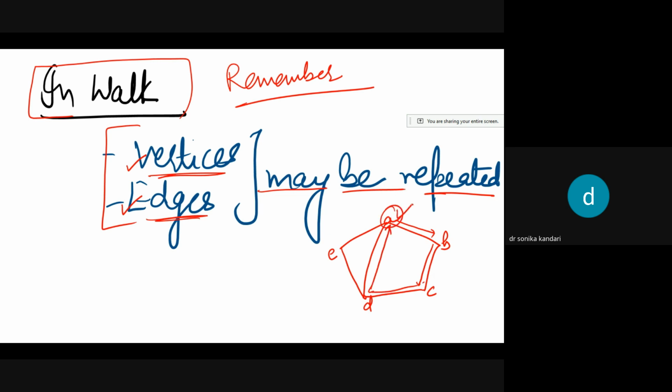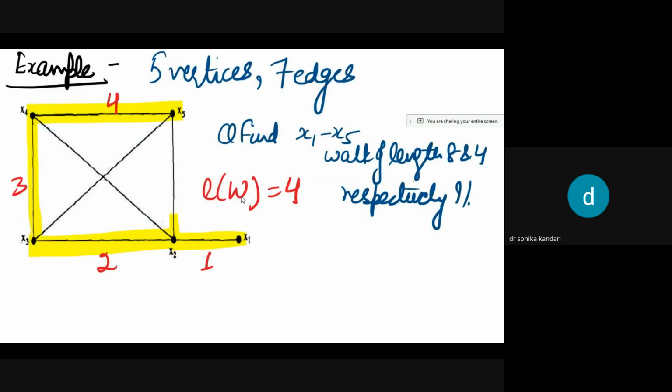See here, this vertex A is repeated. You can again come back here. It means this edge is repeated. So in a walk, we have repeated this vertex and this edge. So in a walk, vertices and edges may be repeated.